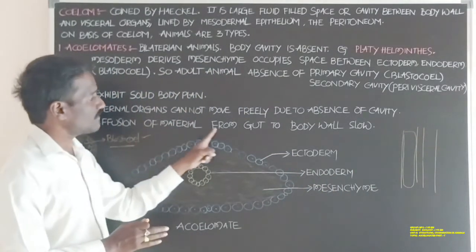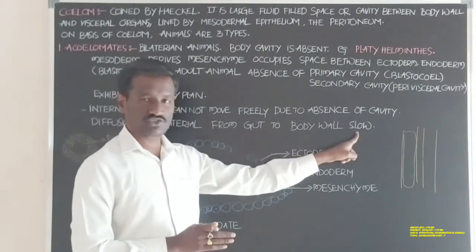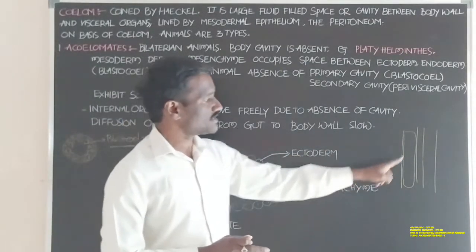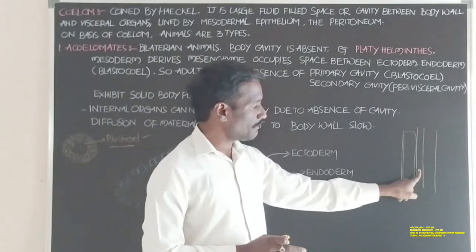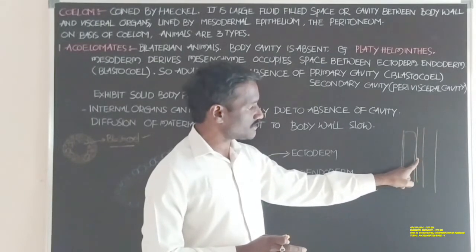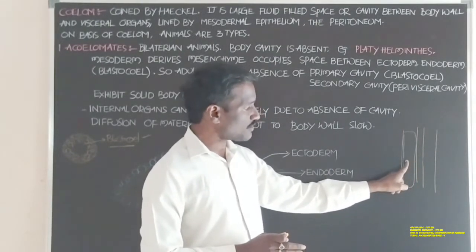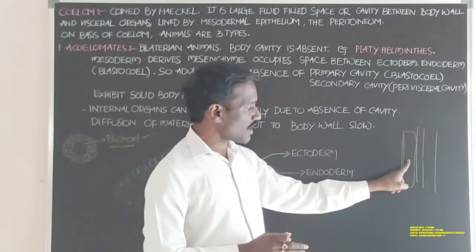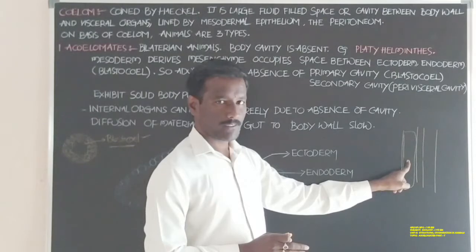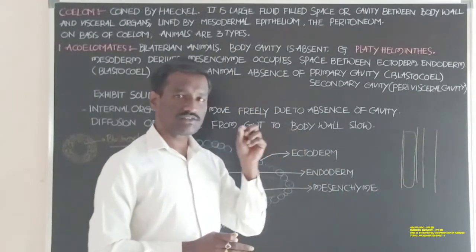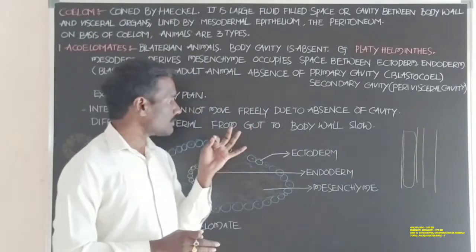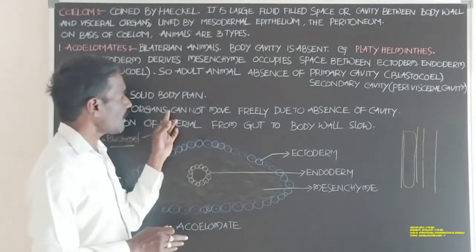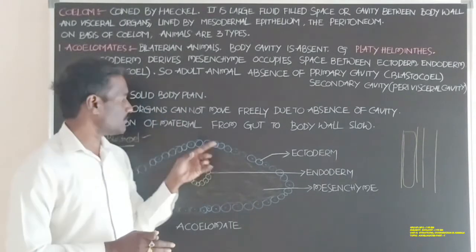Diffusion of material from the gut to the body wall is also slow. Students, the gut wall, or the food tube, digests food, and the digested food particles must diffuse to the outside and be transported. This is very slow because of the absence of the body cavity.